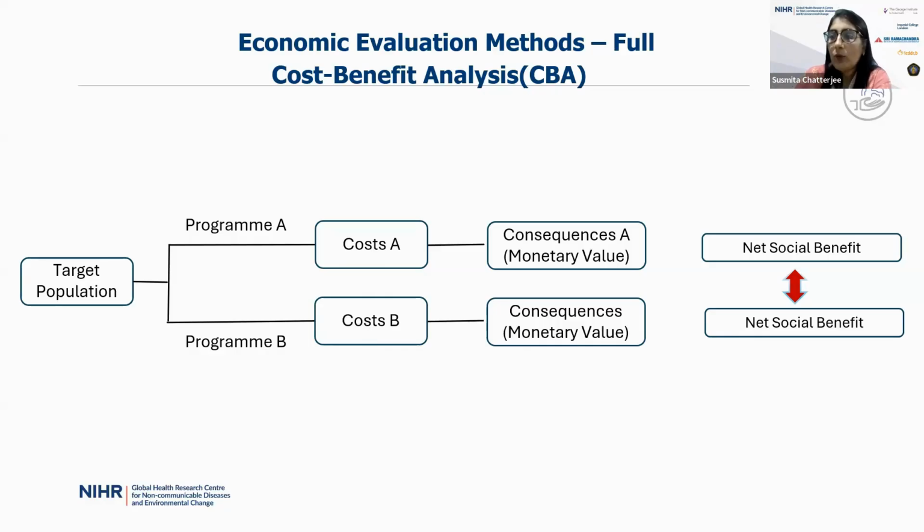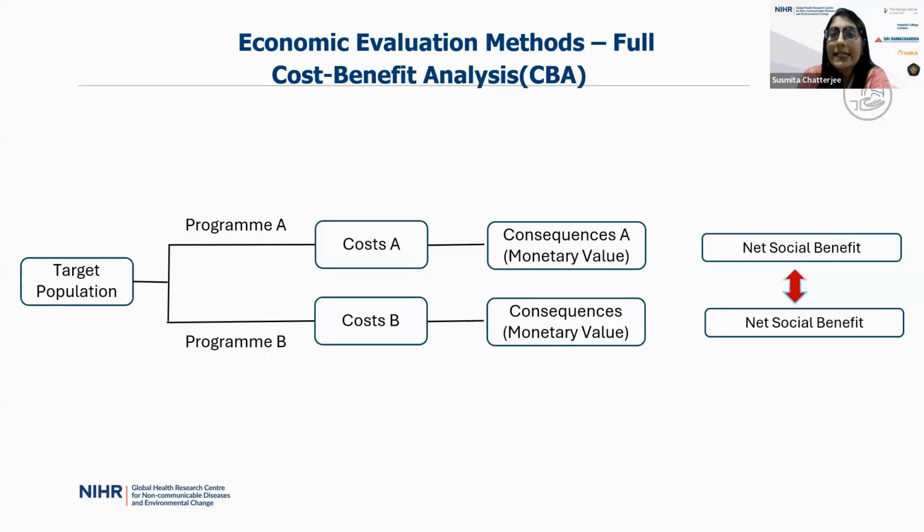So that is 150 minus 100, that is 50. But remember, my program A was 100. So which one is better? Program A, because 100 is more than 50. So that's the advantage of cost benefit analysis, that you are getting both in monetary terms.